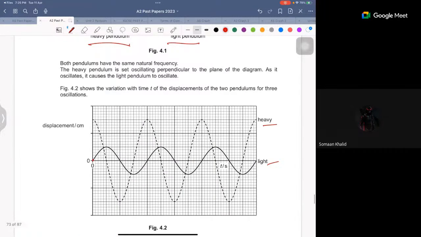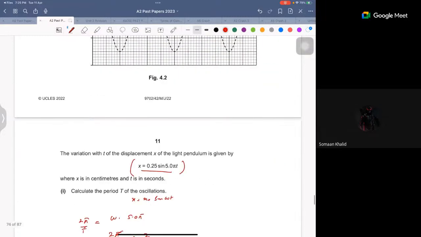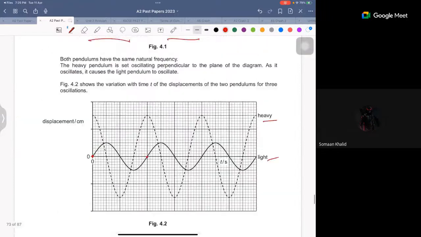So for the light pendulum, which is right here at 0, at this point we can find the maximum displacement. Maximum displacement is 0.25. 0.25 would be here, right? And this will be negative 0.25. And the time, this will be 0.40. This will be 0.80. This will be 1.2. Is it clear?